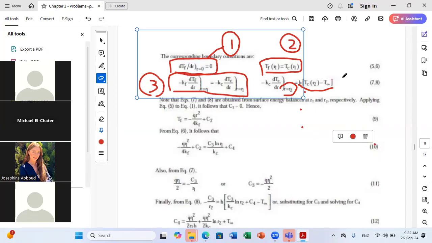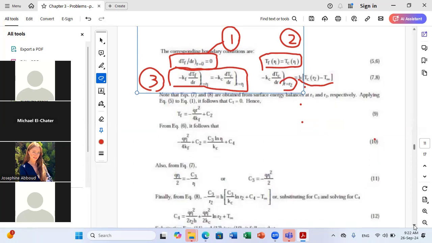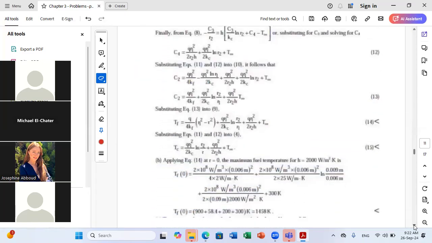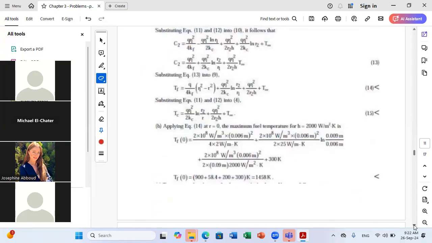So you have just a system of 4 equations and 4 unknowns. You just have to replace your variables. You have everything except C1, C2, C3, C4. Once you solve this system of 4 equations for 4 unknowns, you can determine the temperature profile in your fuel element and the temperature profile in your annulus. Then once you get your equations, you can evaluate any temperature that you want.